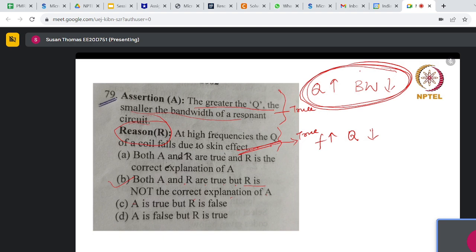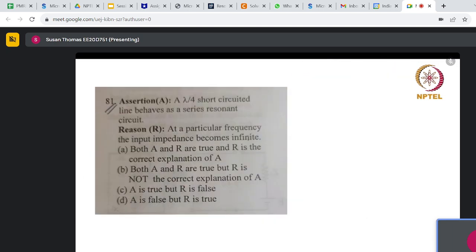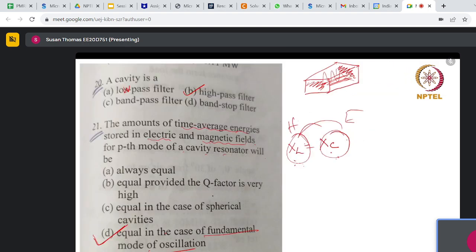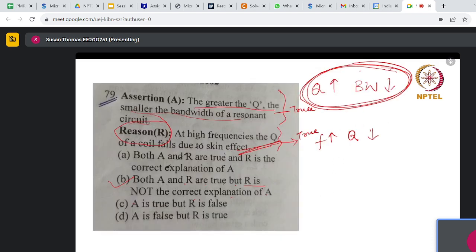Okay, so now going to another question. Before going to this question, I think we have come across quite a few questions on cavity resonators. Basically, they come under the category of waveguide resonators.